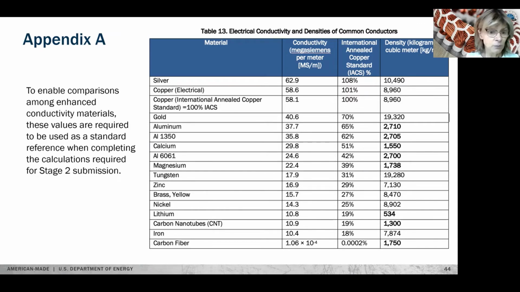Conductivity of commercial copper wires for electric applications is often 101 IACS. And the highest conductivity commercially available material, silver, achieves 108% IACS, but costs far more per gram and has 1/3 its strength. So this is really the core of our competition.